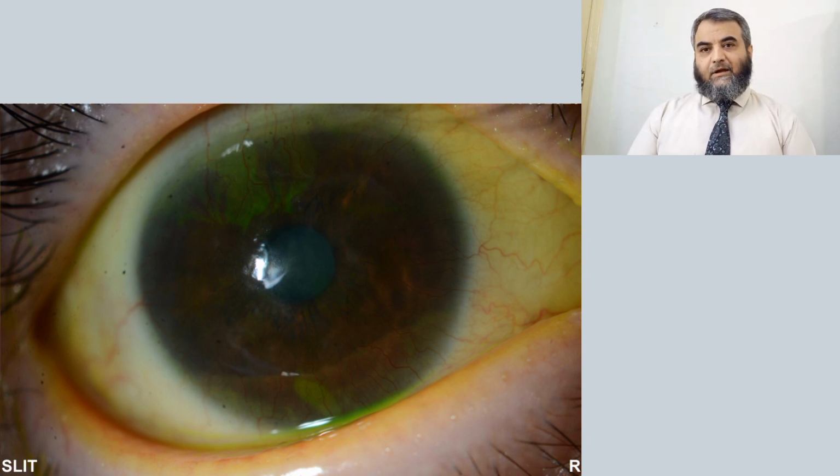If there is stem cell deficiency and the other eye is normal, sometimes limbal stem cell transplantation can be attempted. But if both eyes are affected, then limbal stem cell transplantation is another challenging issue.